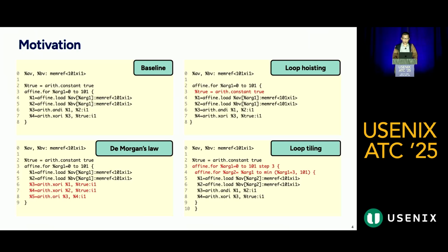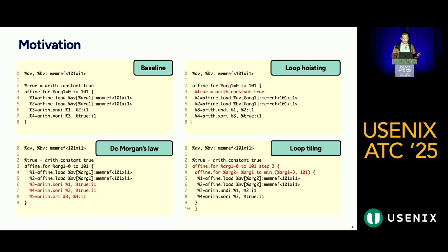Here we provide four code snippets: the baseline code, and three different code optimizations, including loop hoisting, loop tiling, and De Morgan's law. They represent the difference between datapath and control flow transformation. De Morgan's law is the datapath transformation. It converts A and B into not A or not B. Loop hoisting and loop tiling are control flow transformations.